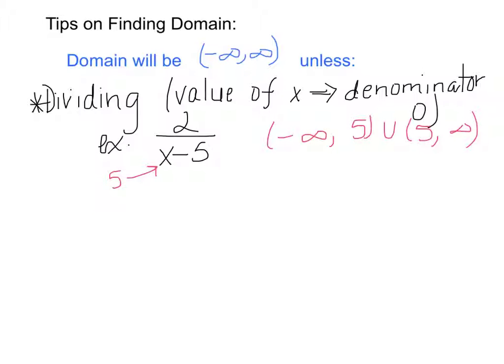Or if you have a square root, or I should say an even root, so if you don't see any of those, which are the most common things that we see, then your domain will be negative infinity to positive infinity.